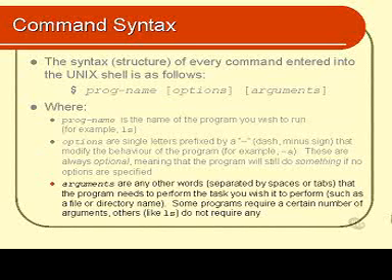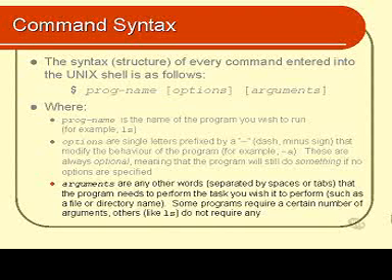Finally, also optional are some arguments. These are words or text that you can type in on the command line, separated by spaces or tabs. Every space or tab that you type in on the command line separates one argument from the next. And the arguments that you provide give the program the information that it needs to perform whatever task you're trying to get it to perform. An argument might be, for example, the name of a file or the name of a directory, or a year number like in cal.